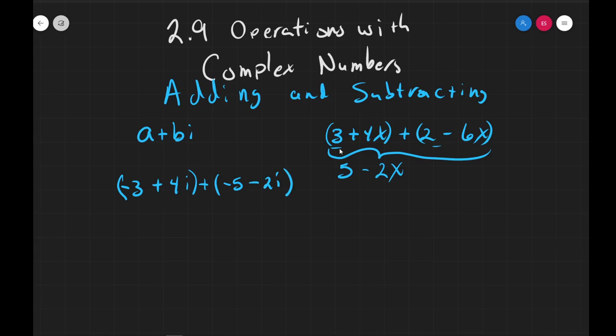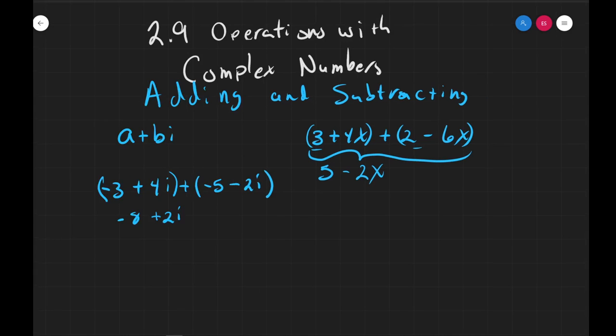Something like that. Take a second, see what you can come up with on your own. Hopefully you came up with negative 8: negative 3 plus negative 5 gives you negative 8. 4i minus 2i, or plus negative 2i, gives you positive 2i. So hopefully you came up with negative 8 plus 2i.